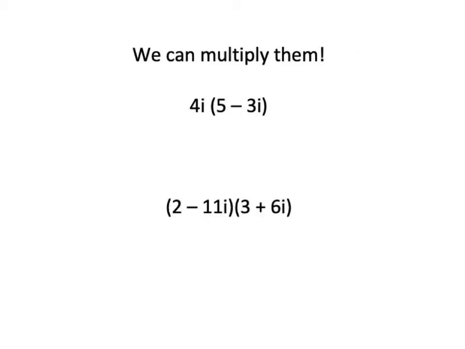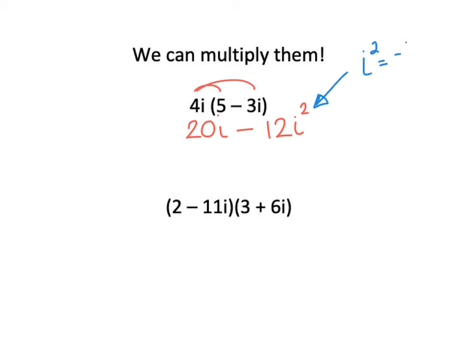We can also multiply them, and the rules work very much the same as with binomials. So I would distribute 4i times 5 is 20i. Minus 4 times 3 would be 12, and i times i is i squared. Now I need to remind you, what did we just say i squared was equal to?